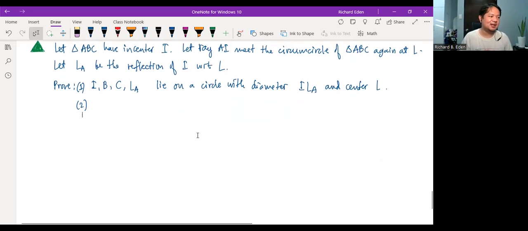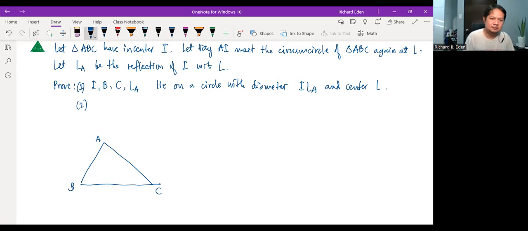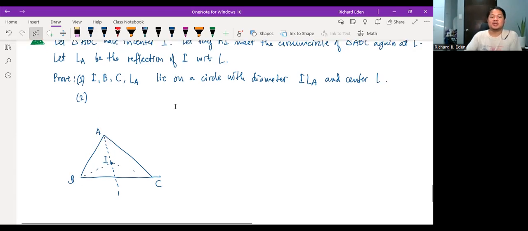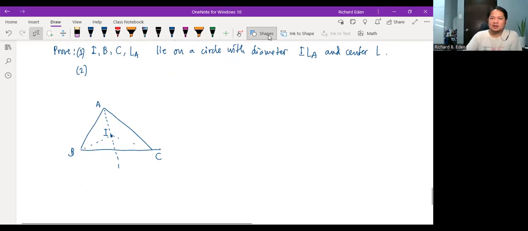So ABC and then incenter I. Let AI meet the circumcircle of ABC again at point L. Okay, so well, let's draw this circle.